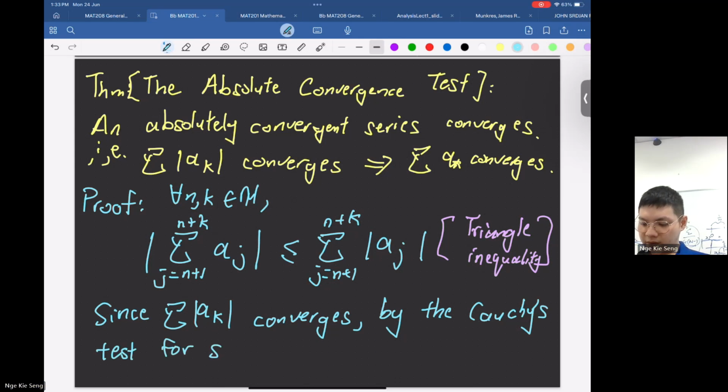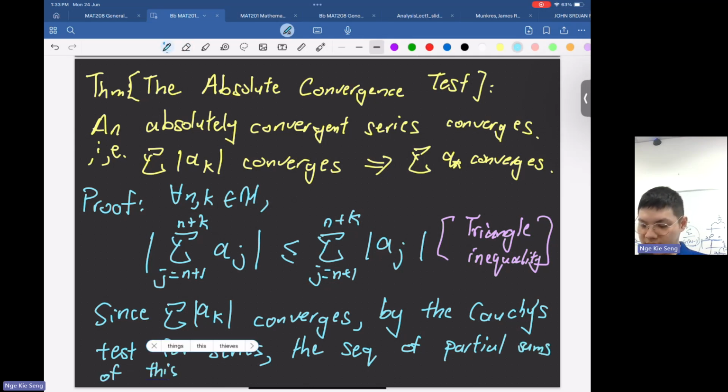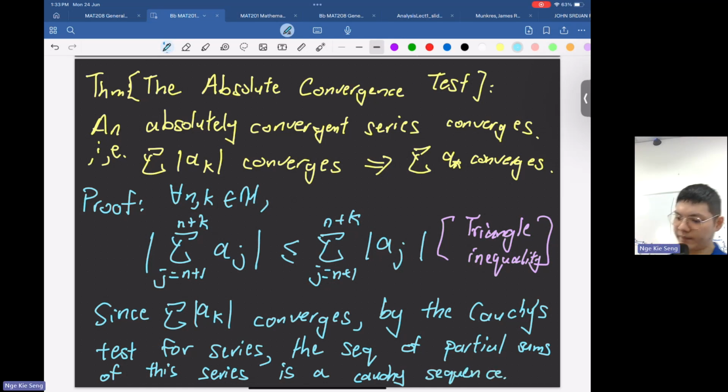the sequence of partial sums of this series is a Cauchy sequence.